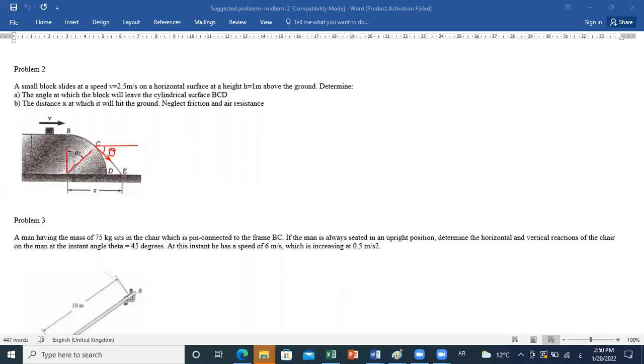Or also, if this is theta, this is 90 minus theta, and since here I have a right angle, this angle here will be theta. And these two are alternating angles. So I can demonstrate that the angle between the velocity and the horizontal is theta.